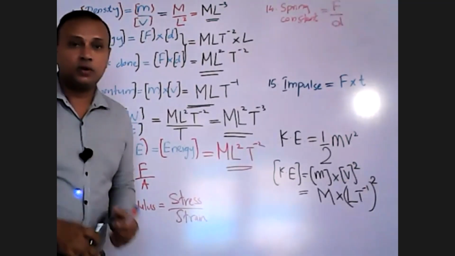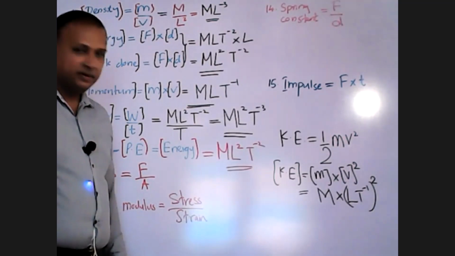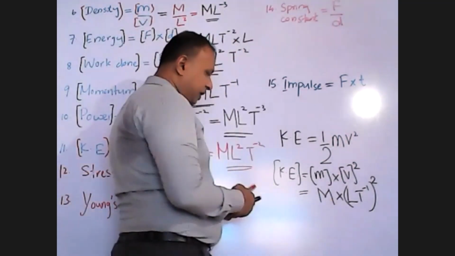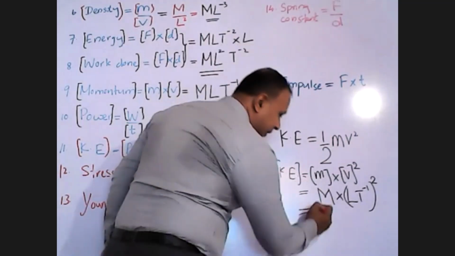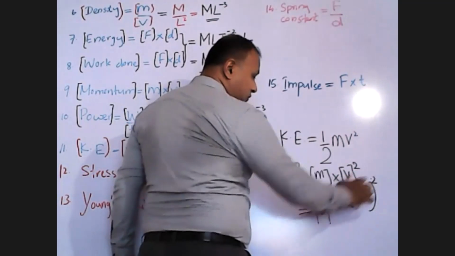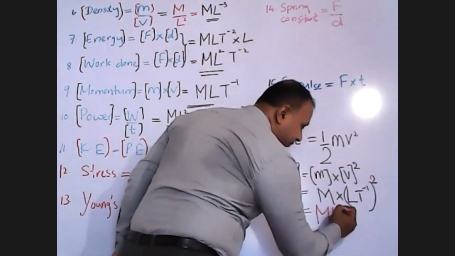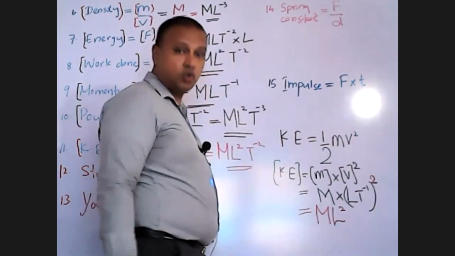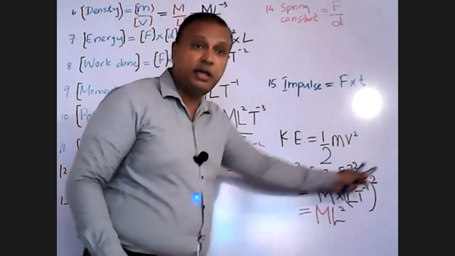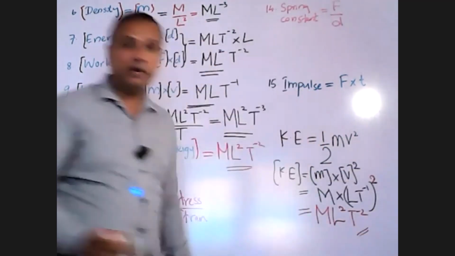Then M, L to the power 2, which means L squared, and T minus 1 into 2 means T minus 2.